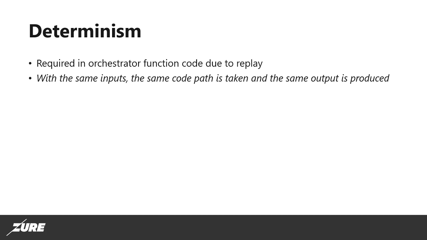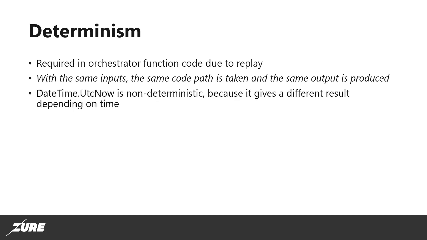So it cannot be dependent on things like time, for example. So for example, datetime.utc now in C# is non-deterministic, because it gives you a different result based on the server time. So if we were to replay the code that uses that, we'd get a different value each time it runs that code.